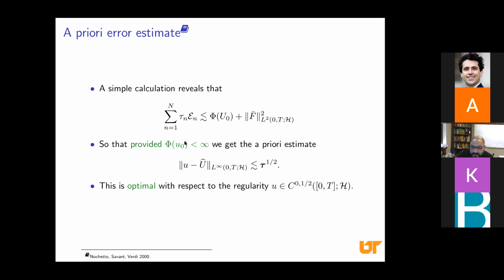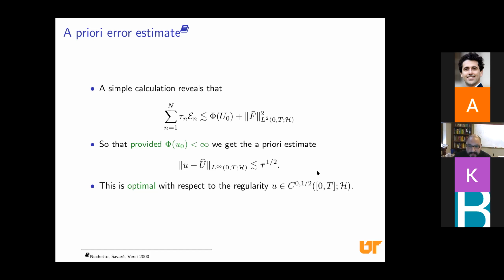And so as always, under some conditions, essentially assuming that I start with initial data with finite energy, we can get the a priori estimate that the error is of order tau to the 1/2, which, if you remember, the energy solutions were in H1, which means they were Hölder 1/2. So this is an optimal error estimate, right? Because approximation theory tells you that being Hölder 1/2 is equivalent to being able to approximate it with order 1/2 by piecewise linears or constants.